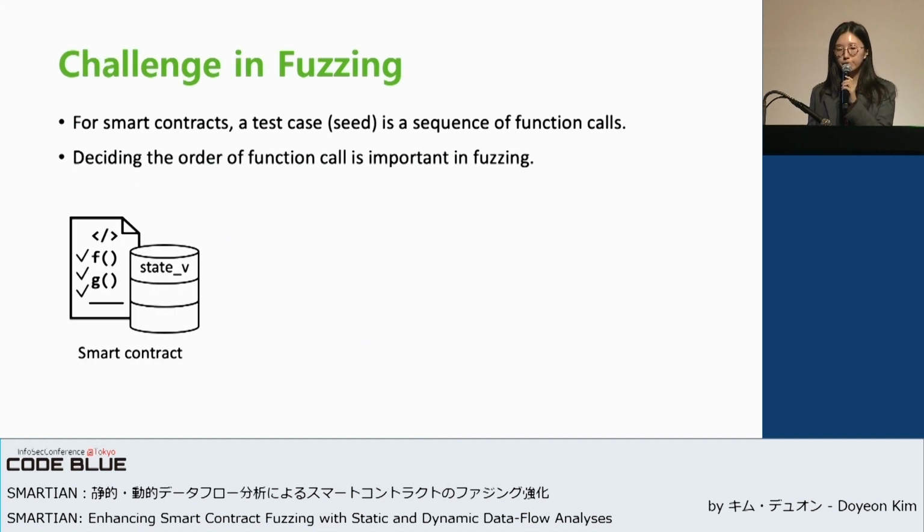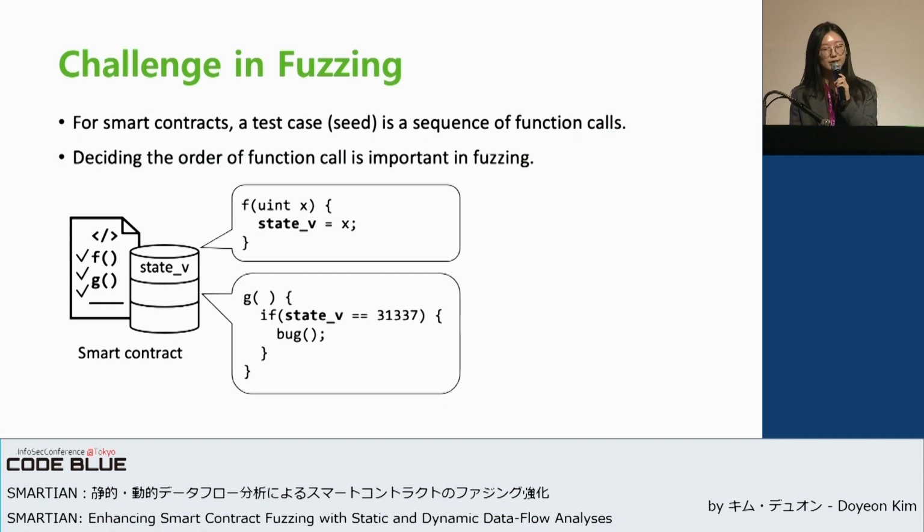The stateful property of smart contracts brings an interesting challenge. In smart contract fuzzing, a test case is a sequence of transactions, which are function calls. Therefore, deciding the order of function calls is a critical problem in smart contract fuzzing.